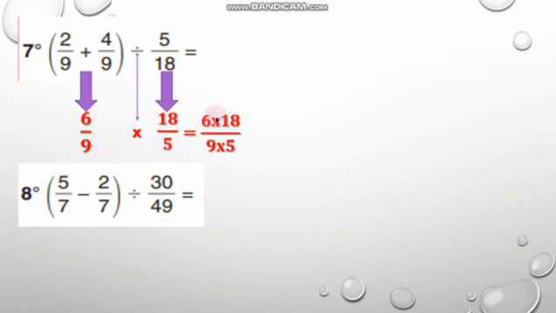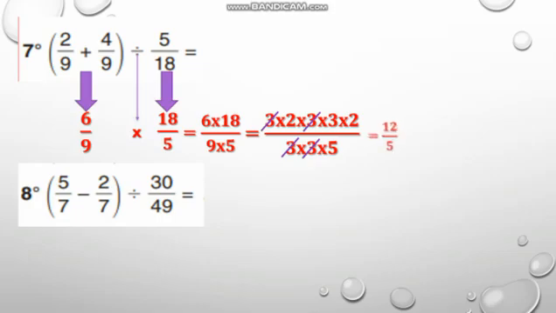So now I decompose the numbers. 6 I can write 3 times 2, 18 is 3 times 3 times 2, and 9 is 3 times 3. Now I can see if I can simplify. I can simplify here by 3 and by 3 also. Now I can write the answer. 2 times 3 times 2 equals 12, and in the denominator I have 5, so 12 over 5 is the answer.